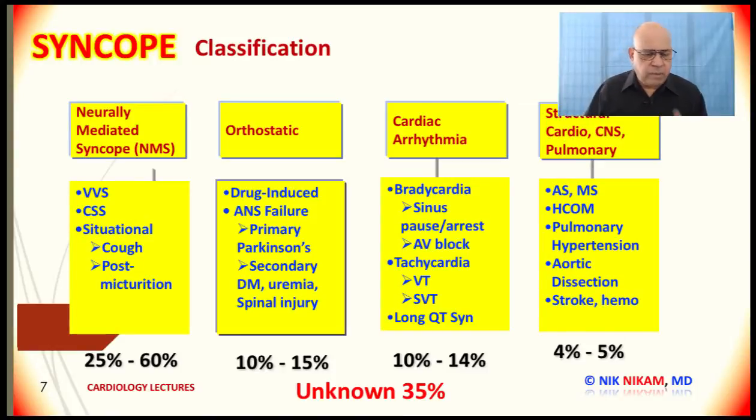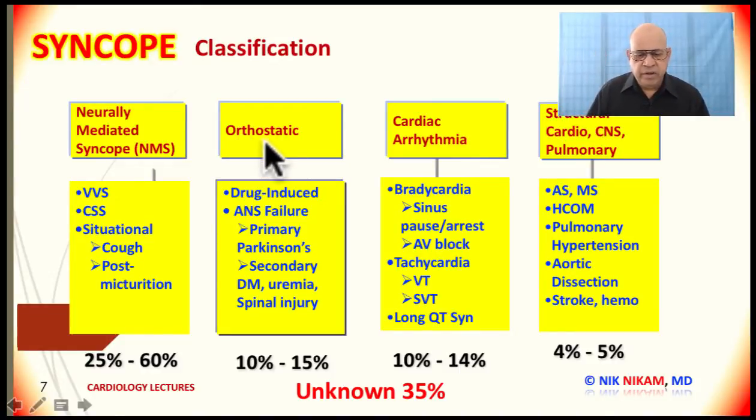So, the common conditions are, of course, vasovagal syncope, or the common faint, carotid sinus syndrome, and a few other situational conditions such as cough, micturition, anxiety, fear, all of which lead to the activation of the parasympathetic system.